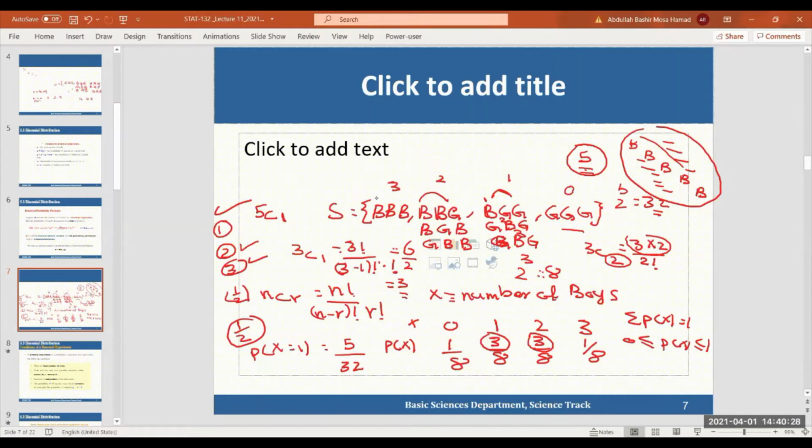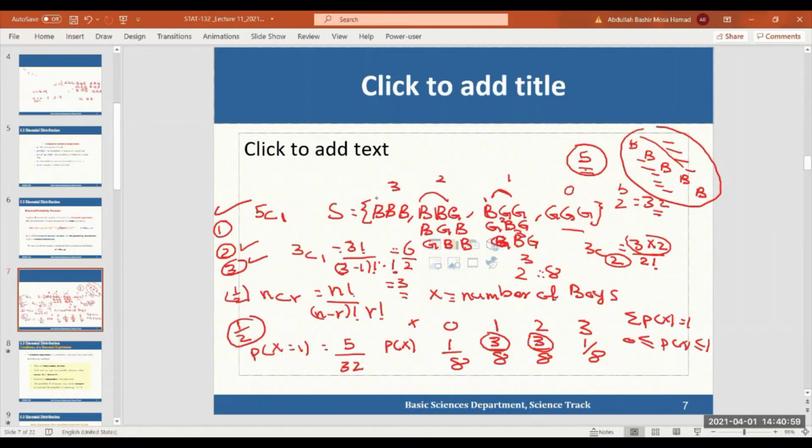For second, also 1/2 and 1/2. So it remains the same for all trials. No change. It is not 1/2 for the first and 3/4 for the second. Clear? These 4 conditions.